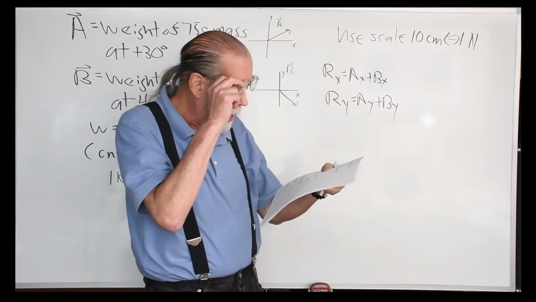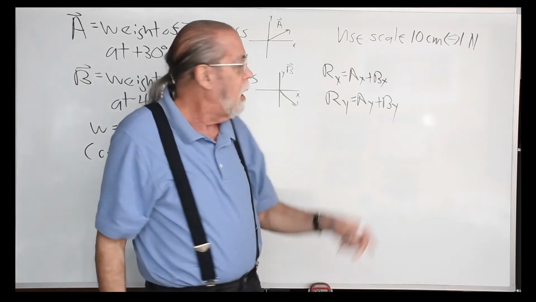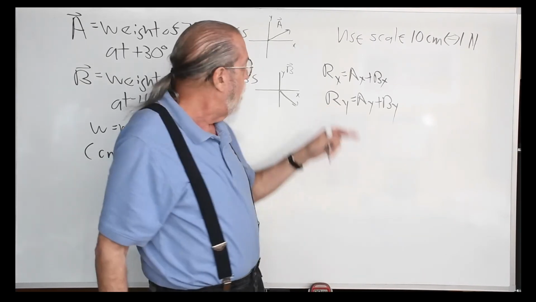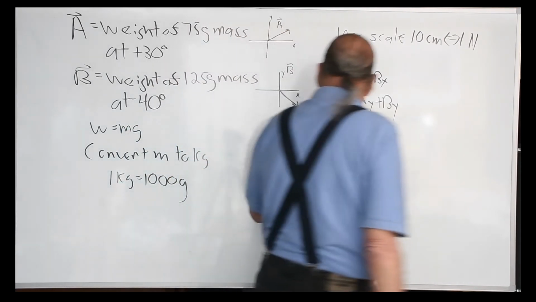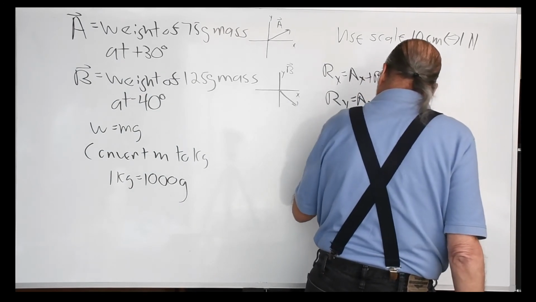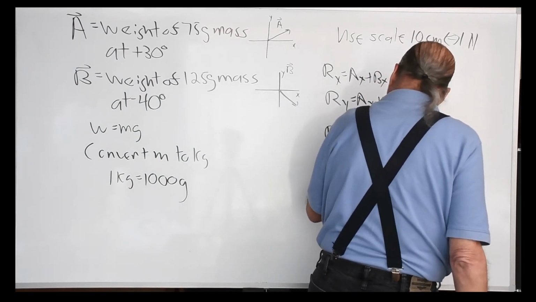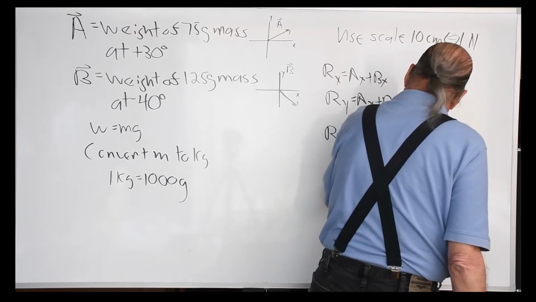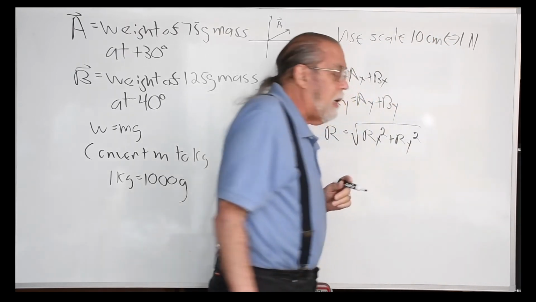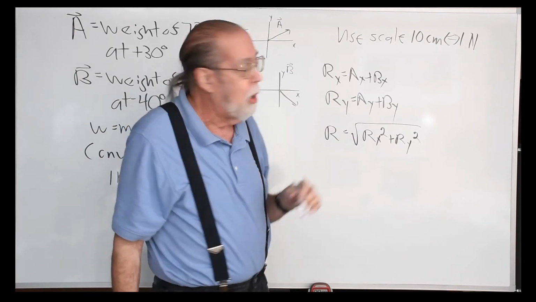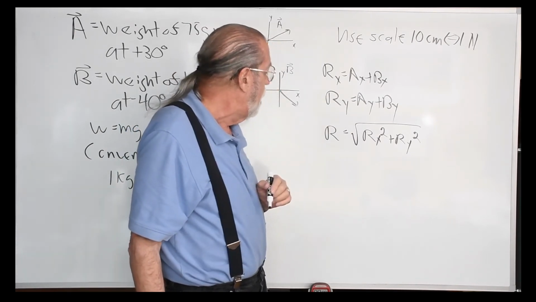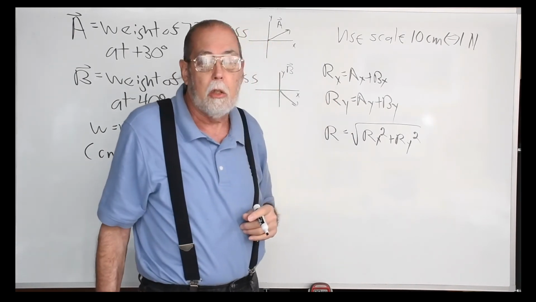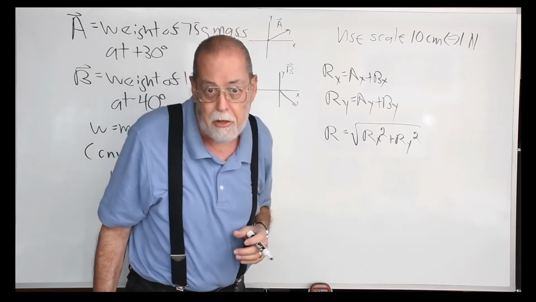Okay? Then I'll say find the magnitude of R. Once you know Rx and Ry, you use the Pythagorean theorem. And I will give you this hint. One of the components of R turns out to be negative.